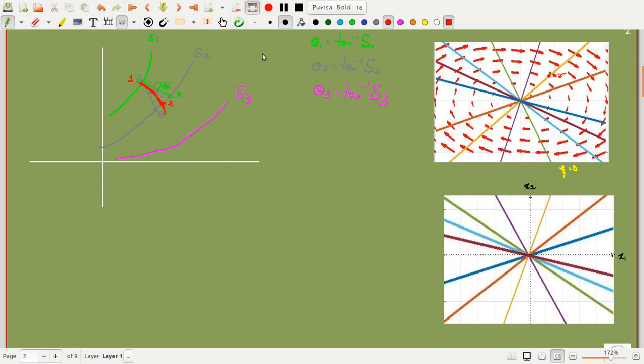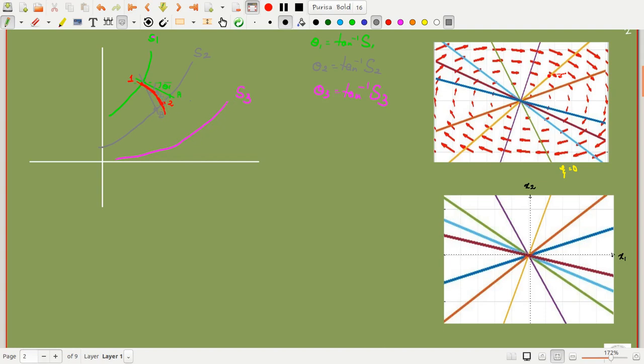Okay, now from 2, the same procedure we have to do. So we will do it once again for clarity. From point 2, the trajectory will leave point 2 at an angle theta 2. So I am going to draw a line parallel to this line which touches the curve S3.